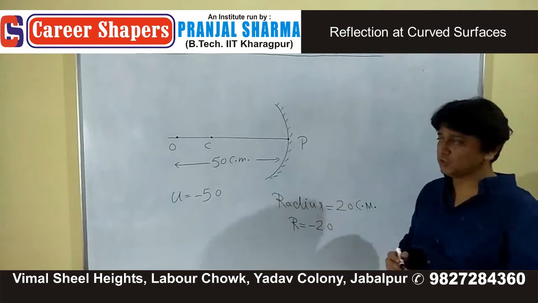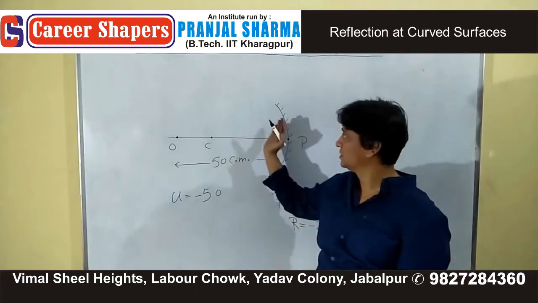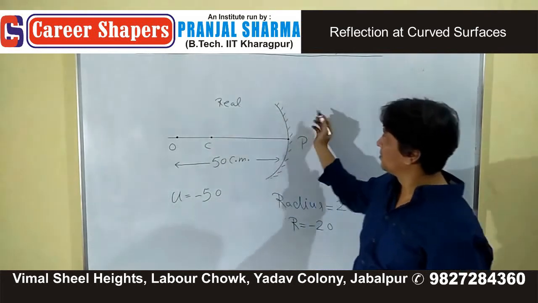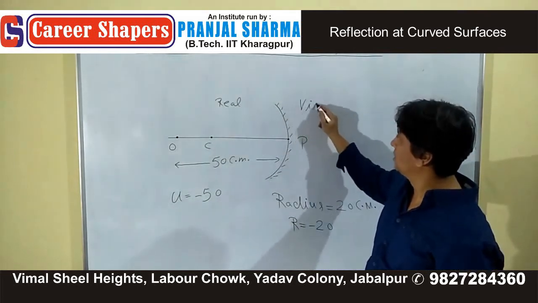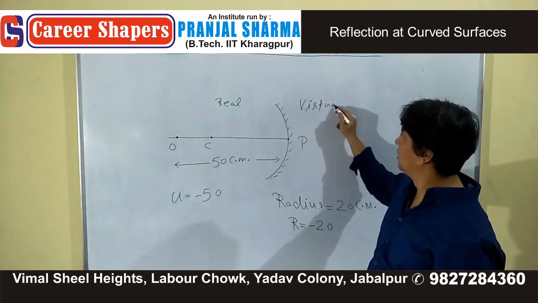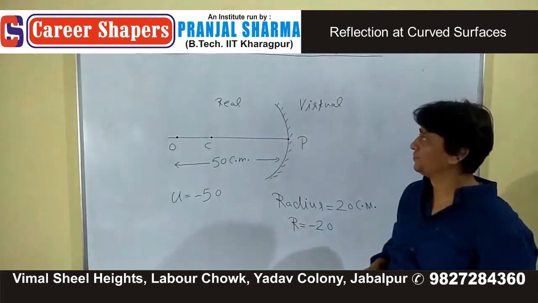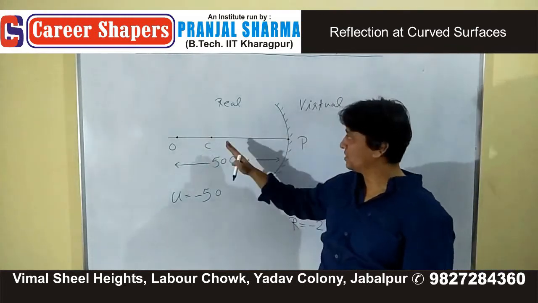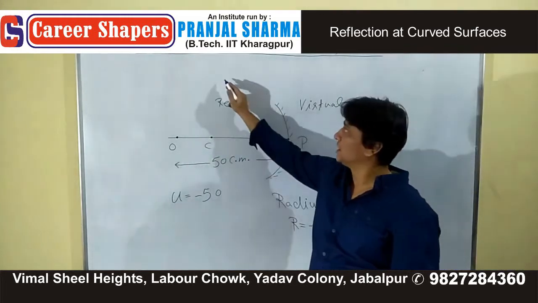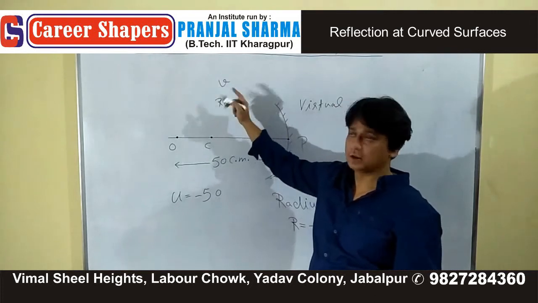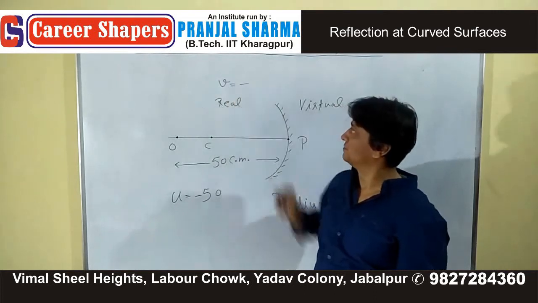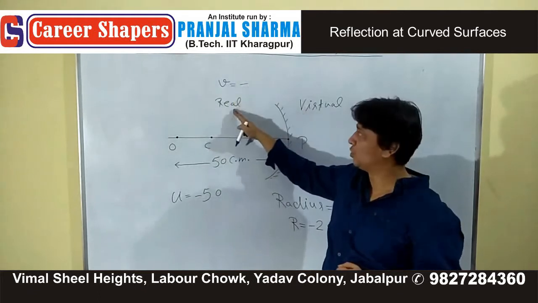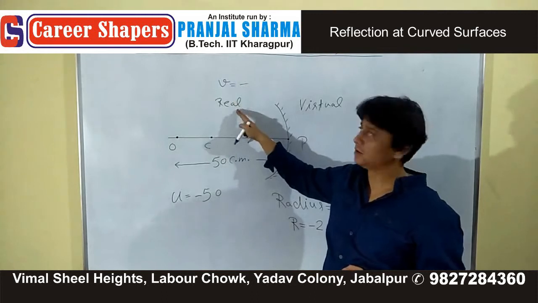For things to be real and virtual, you just need to remember this. Front side, real. Behind, virtual. Which means if the image forms on the front side, V should be negative. Negative V will give you what? Real image.